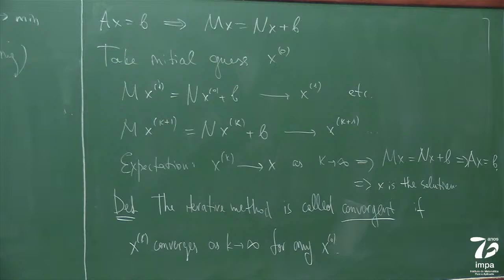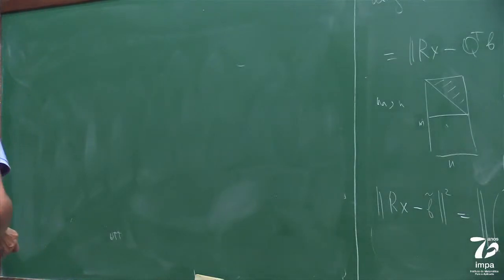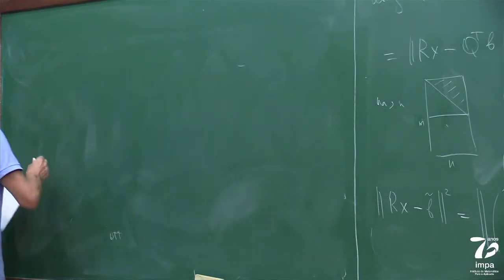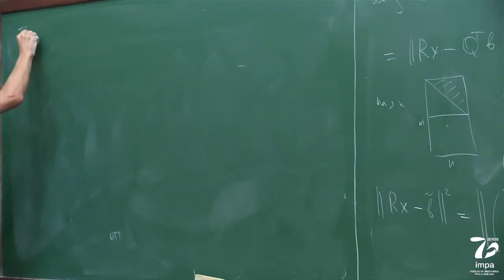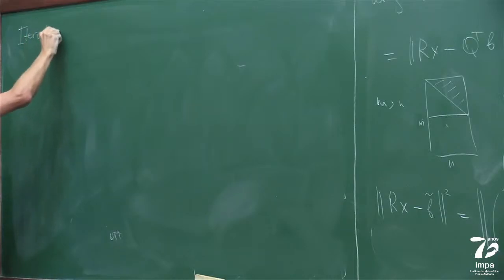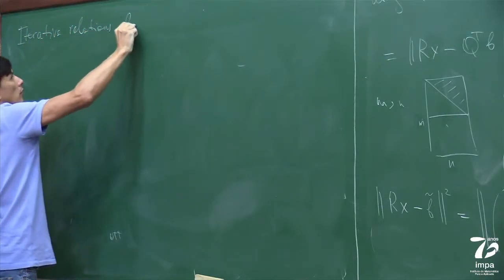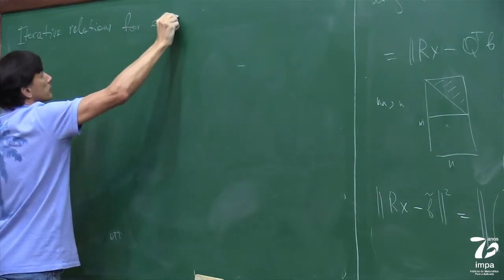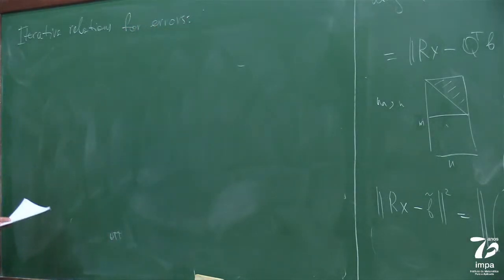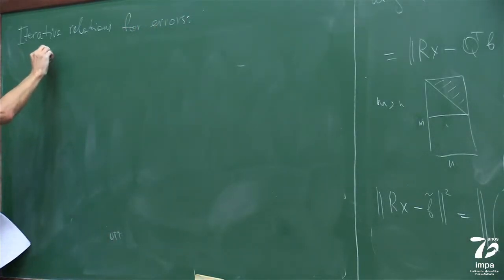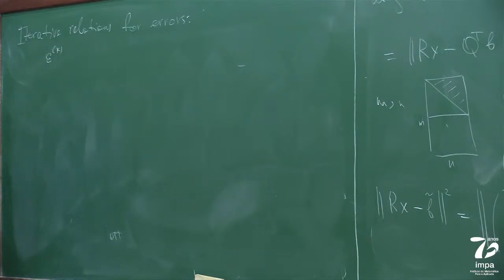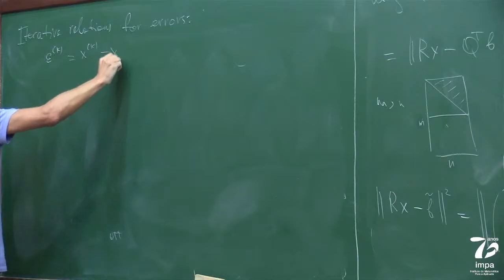So in order to see why and when it converges, we write iterative relations for errors. Let's call epsilon k the difference between xk and the exact solution x.